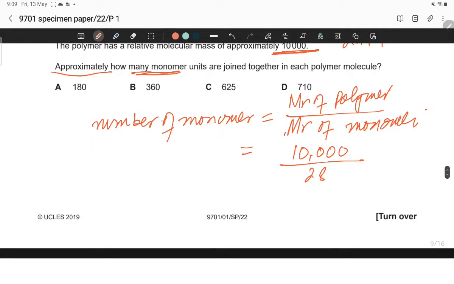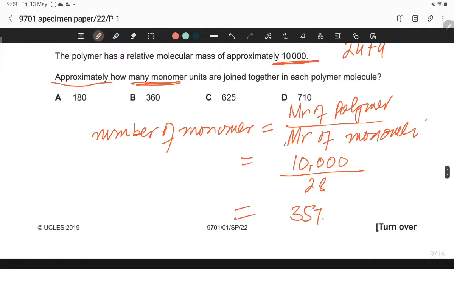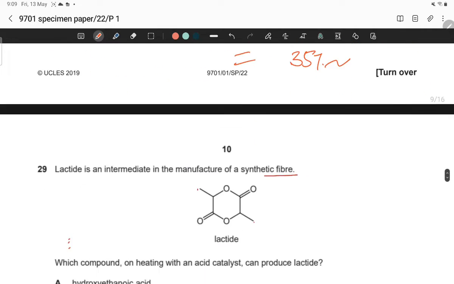So 10,000 divided by 28 is equal to 357. So approximately 360 monomer units. So B option is correct.